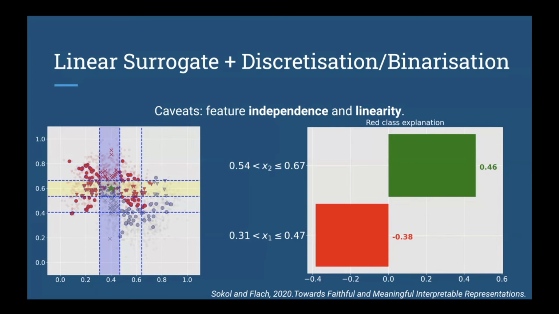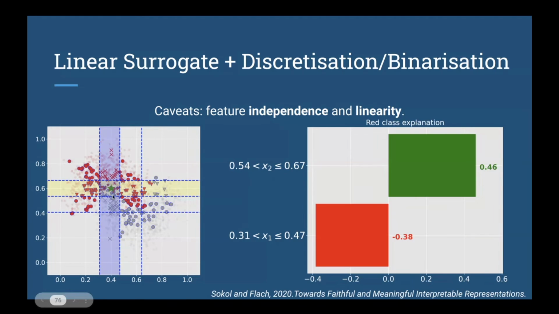This is an example of a surrogate explanation for tabular data. And you can see that we use the regions, so the splits that we generated originally, and we try to convey whether being in this region on both the x-axis and the y-axis independently has positive or negative influence for predicting red class.